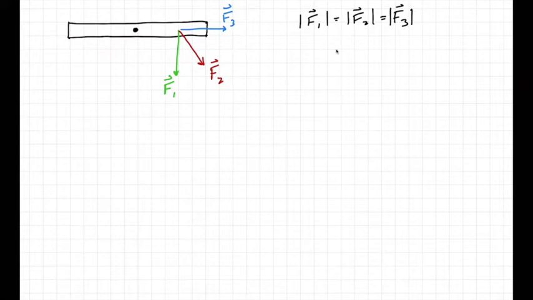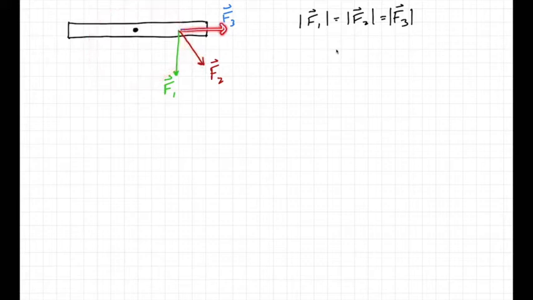You might have an intuitive feel for this. If you take a look at F1, F1 is pulling down. So it's kind of intuitive to see that we're going to get some rotation that's going to start going clockwise around this axis of rotation right here. F2, similarly, we've got some pull that's kind of causing clockwise motion.